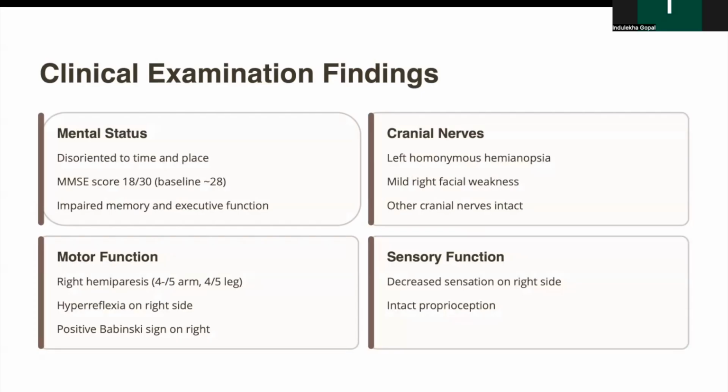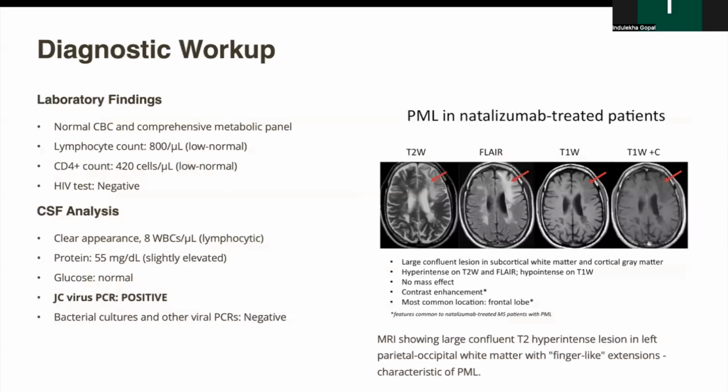Cranial nerves show right-sided facial weakness and left homonymous hemianopsia. Sensory exam shows decreased sensation on the right side and intact proprioception. So this is a condition, PML, associated with natalizumab-treated patients.